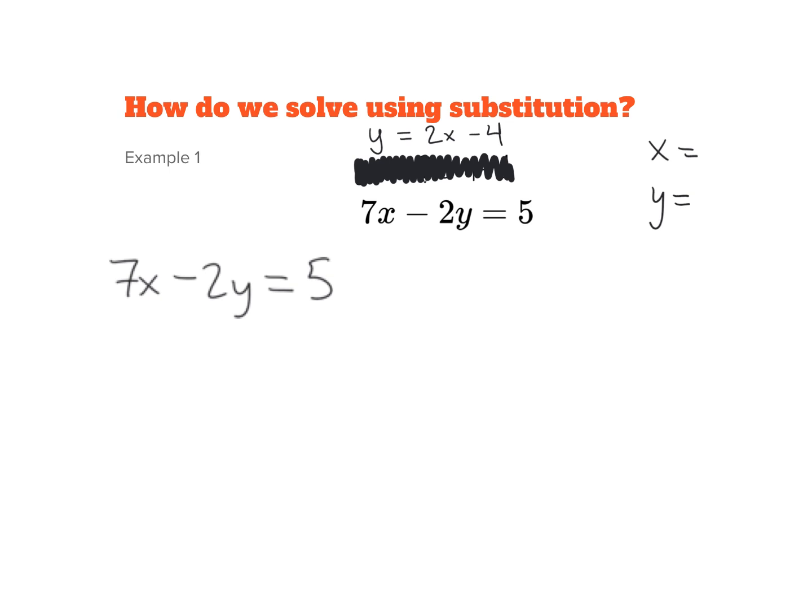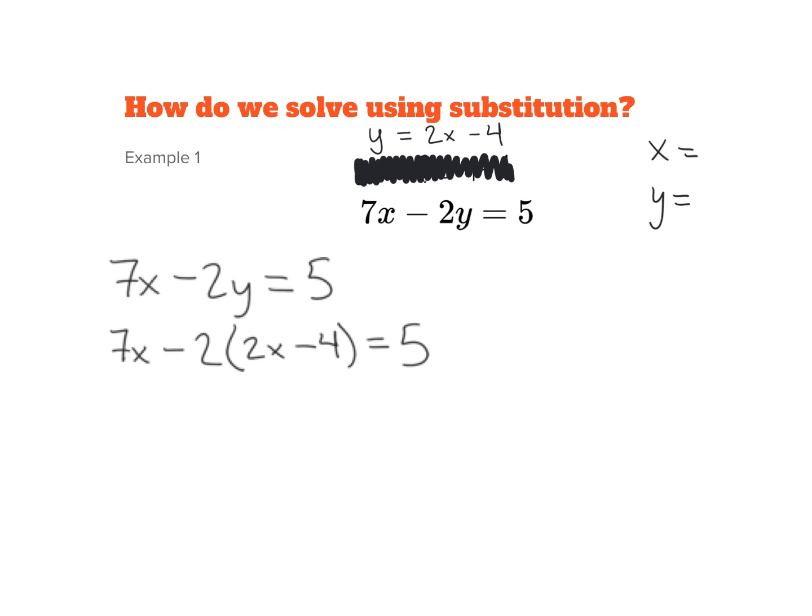Because if I am working with one variable, I can combine all my like terms and I'll end up at just the value or a number for an answer. Here's what we're going to do. Since I know that y is equal to this expression, wherever I see a y, I'm going to put in that expression using parentheses. So I see a y right here, and I'm going to put in 2x minus 4.